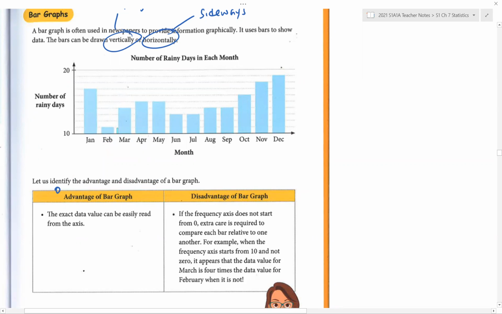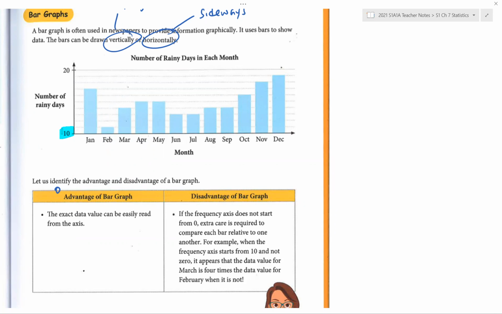So this is the problem with bar graph. When you look at a bar graph, you must look at where it started from. In this case, it started at 10. If it doesn't start from 0, there will be a problem. If it starts from 0, then we can compare them better.